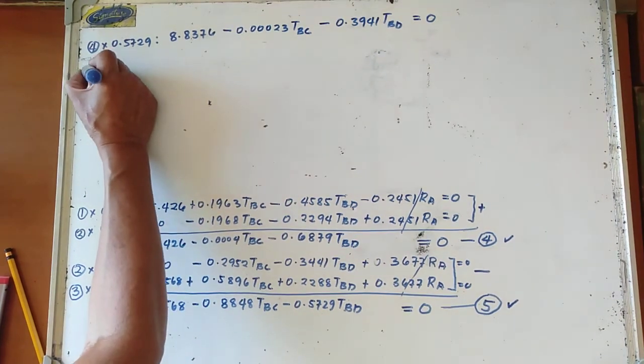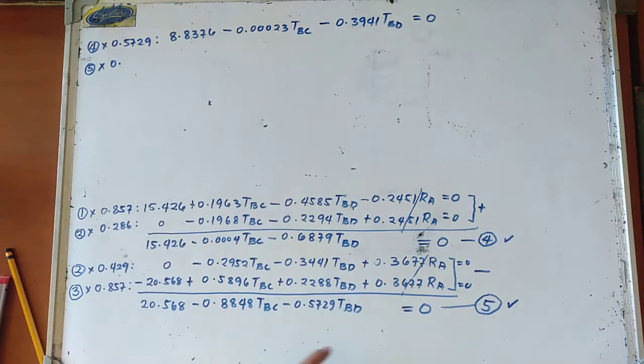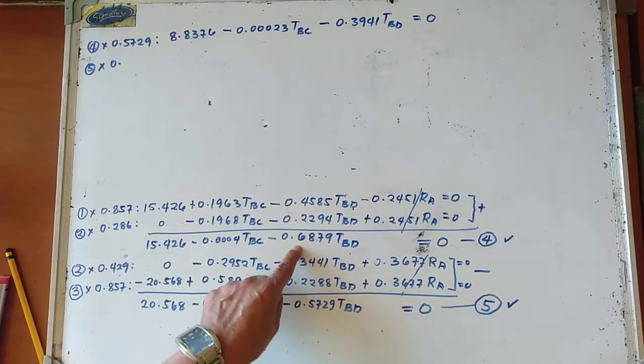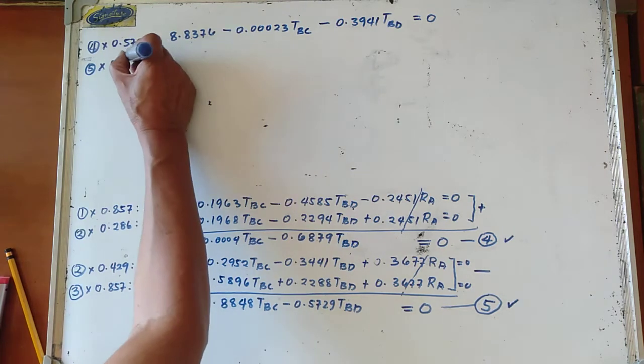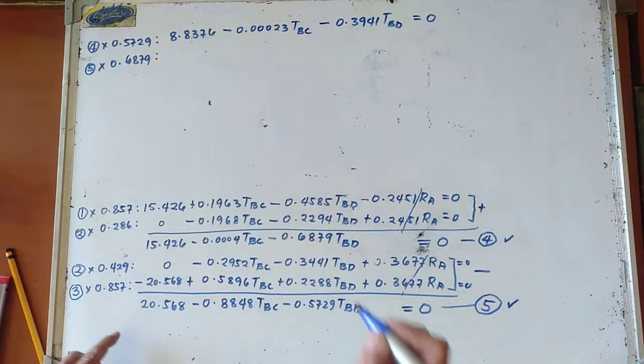Now, equation 5, let's try to multiply this one by 0.6879.